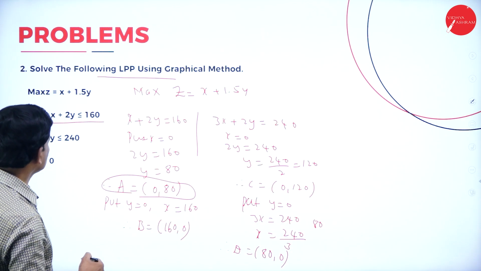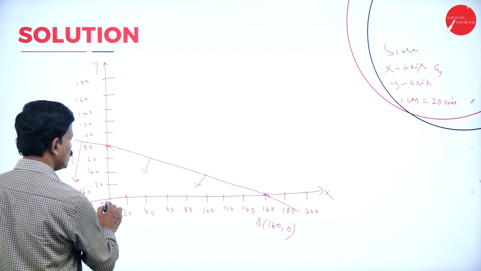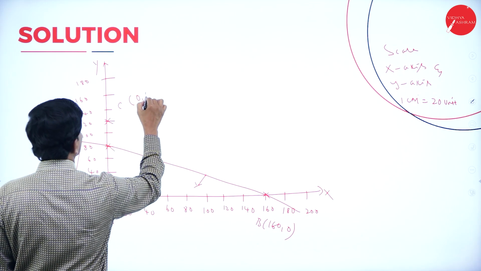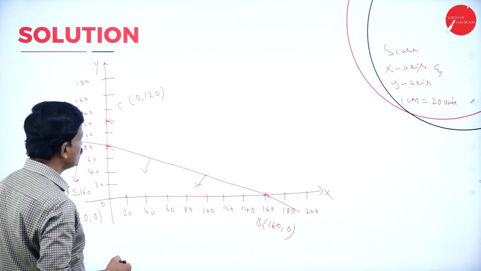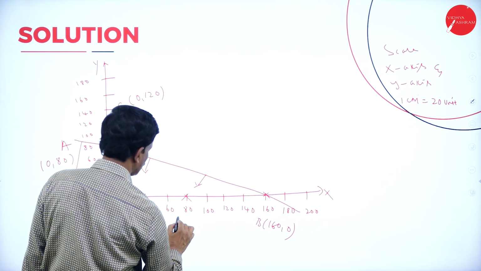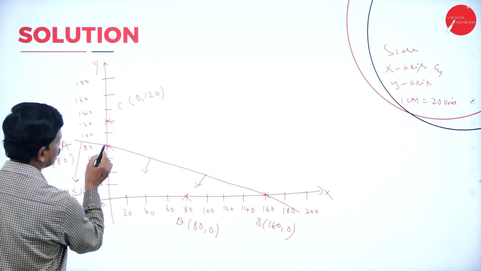Now come to the next point. What is C? C is 0, 120. x is 0, y is 120. And what is D? D is equal to 80, 0. Now draw a line.